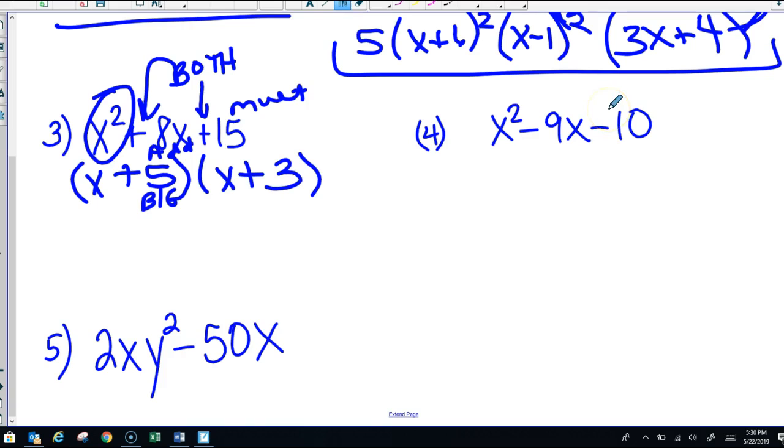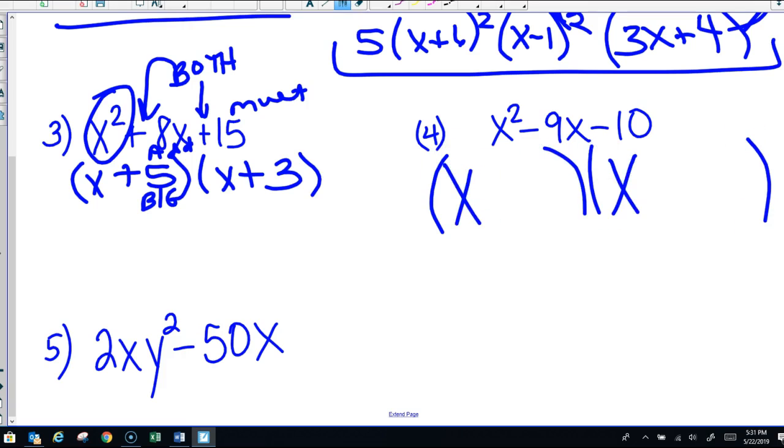Now over here on number 4, we start out the same way. We don't have anything in common to pull out in front, and then x times x for the x squared. Now the back was a minus. Let's see if I can erase that right there, because it sort of ran into that. Okay, so when the back is a minus, you will have different signs, and the biggest number needs to match that minus.